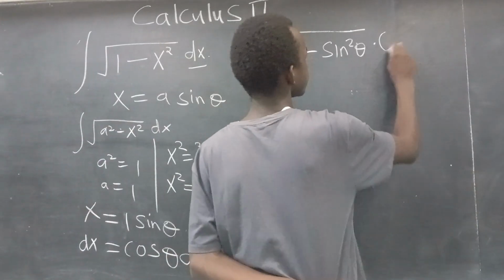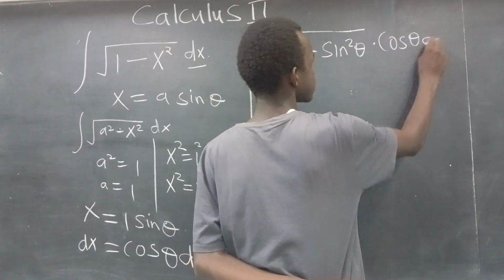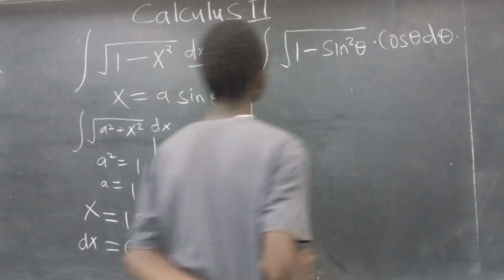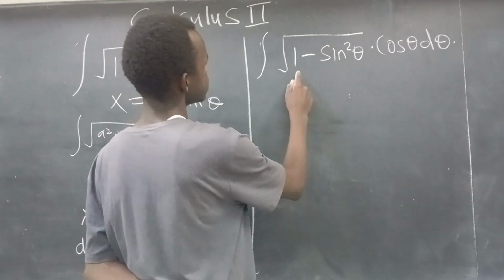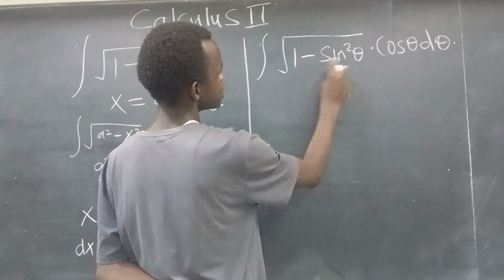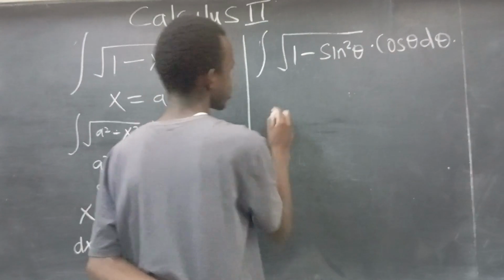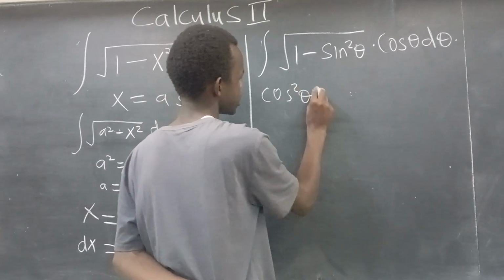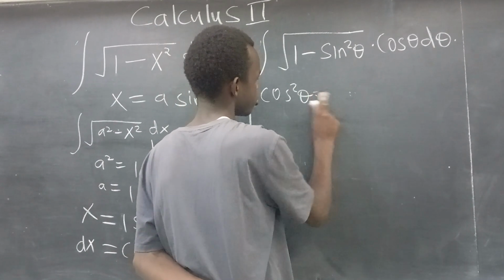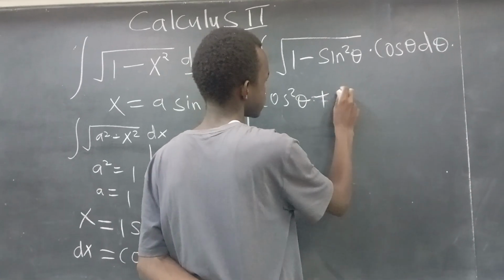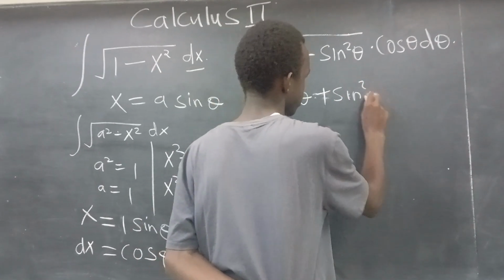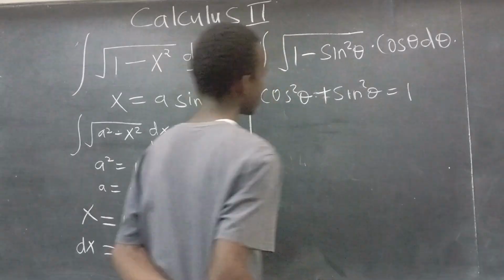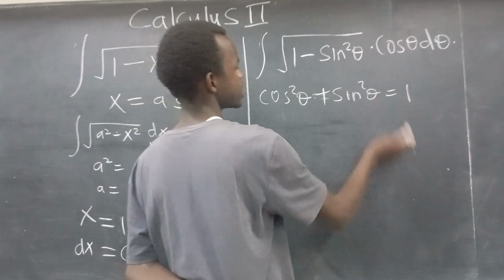So I'll multiply by cos theta d theta. As you can see, there's a Pythagorean identity here, which says cos squared of theta plus sine squared of theta is the same as 1.